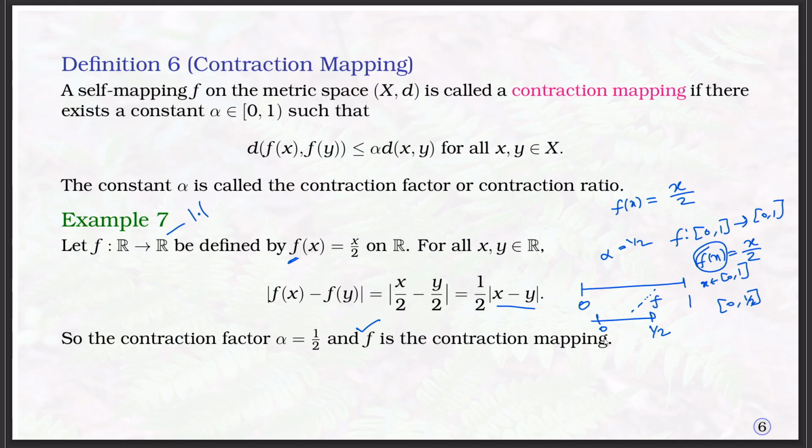Now, you can see this is the reduced size of this one with the ratio alpha. Suppose instead of x by 2, you take x by 3 as the function. You apply this function on this domain, then one gets 0 to 1 by 3.